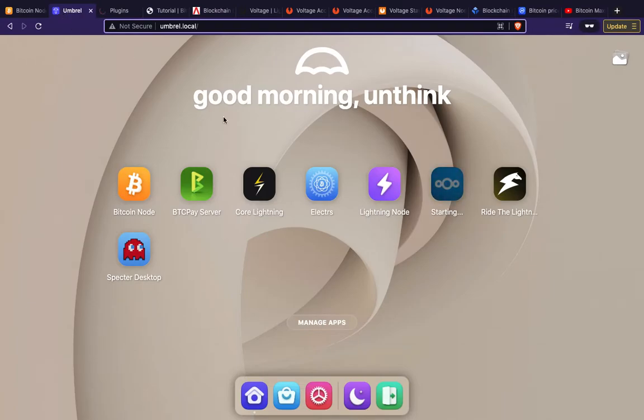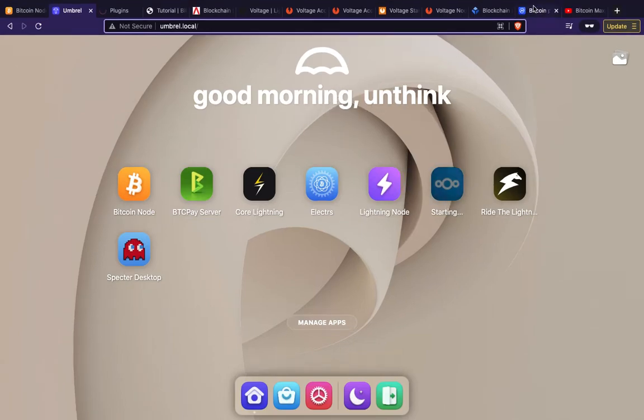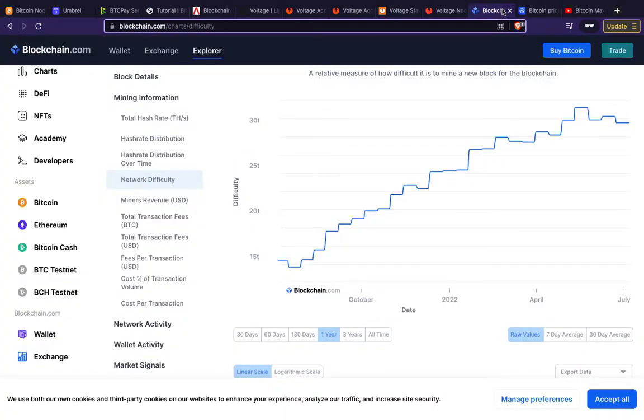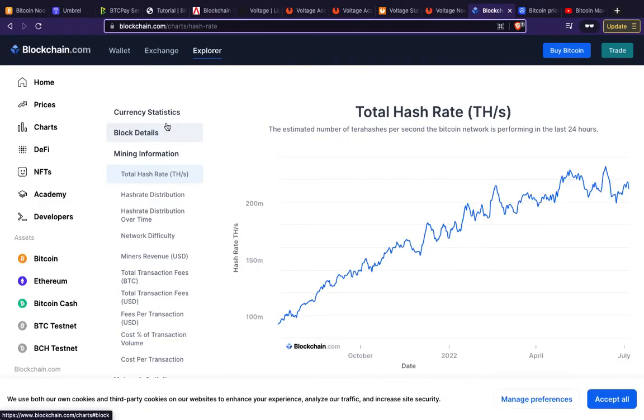We're gonna look at those apps, and of course some Bitcoin metrics of the year, like the price, which is hovering and going up a little bit around $20,000, and we'll look at the difficulty and the hash rate as well.